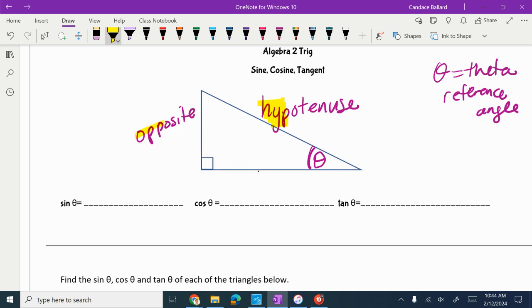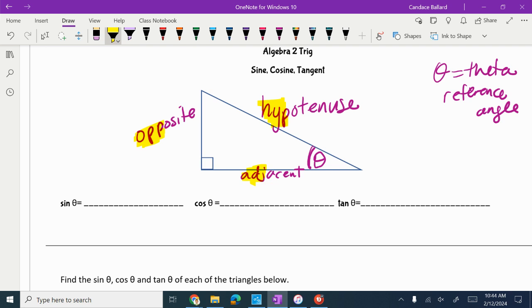Again, I will usually abbreviate it OPP. And then the one next to the reference angle is called the adjacent leg. Adjacent means next to. My classroom is adjacent to Mrs. Hanby's classroom. It's next to it.